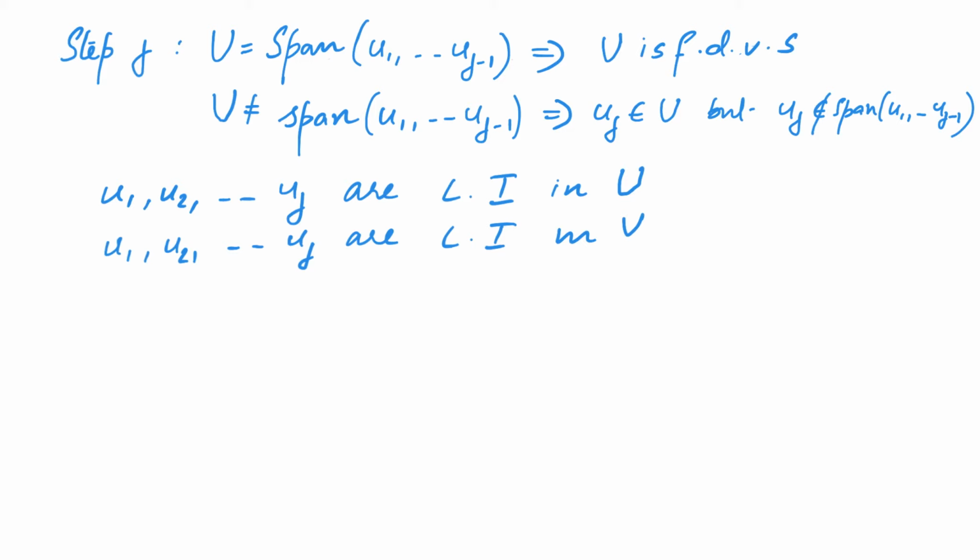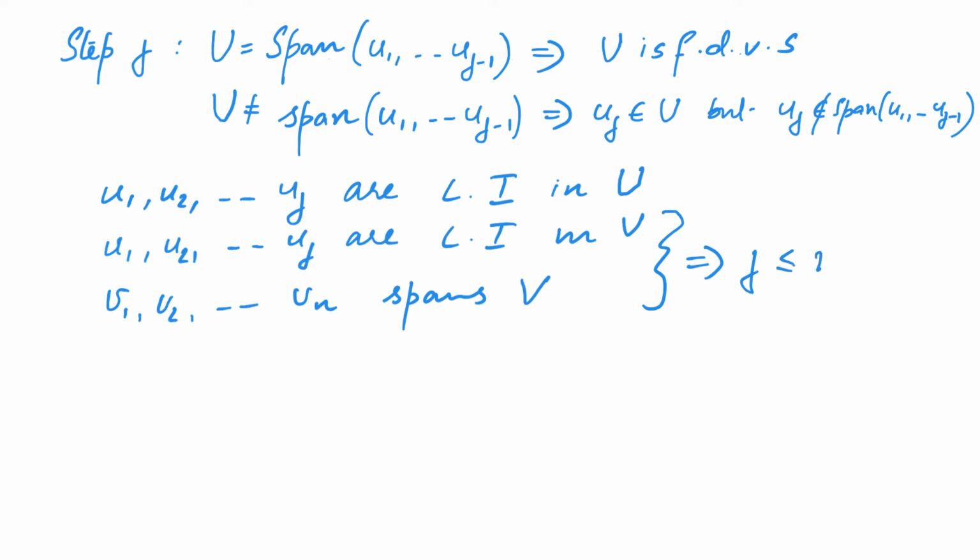But notice that v1, v2, etc. up to vn spans V. And we saw that the length of any spanning list is greater than or equal to the length of any linearly independent list. Therefore, these two imply that j is always less than or equal to n.